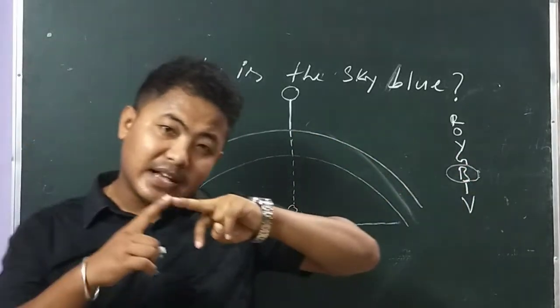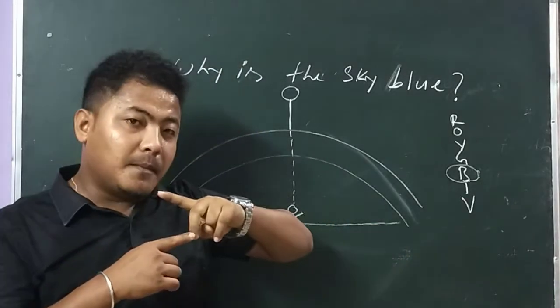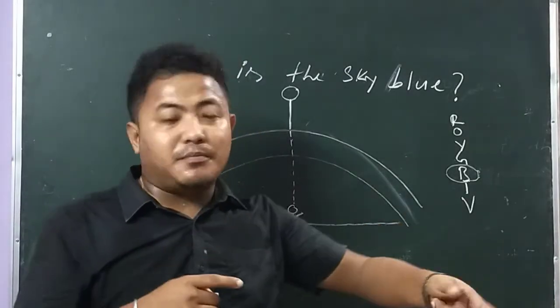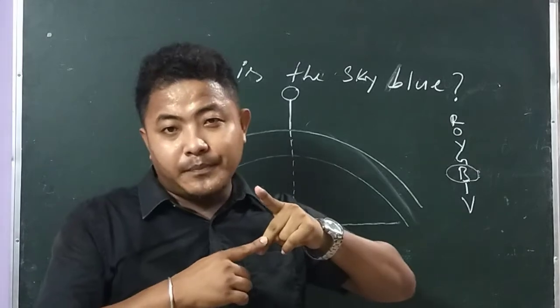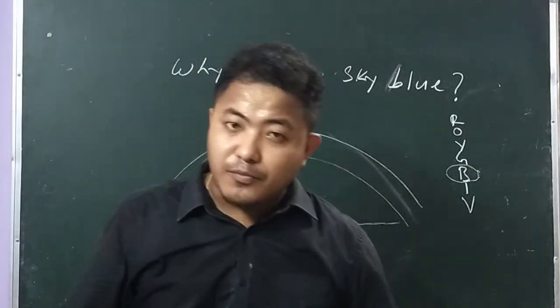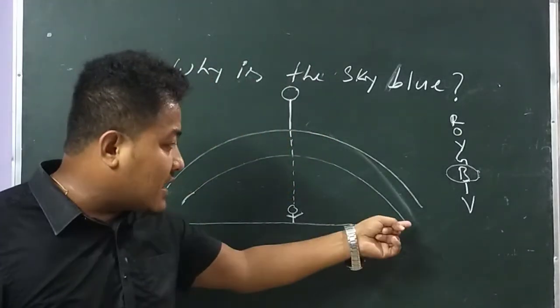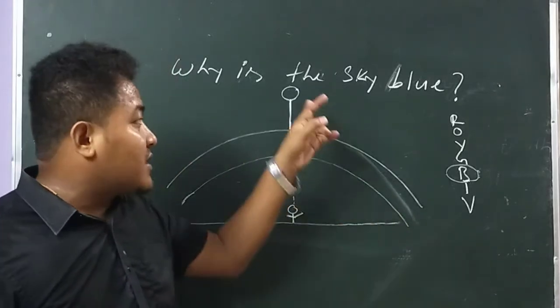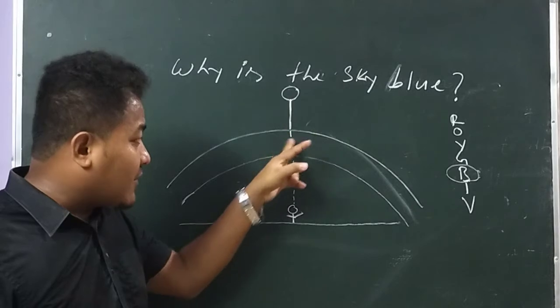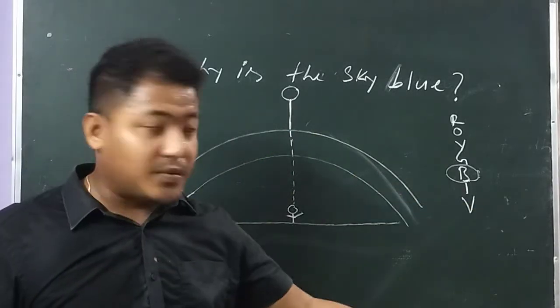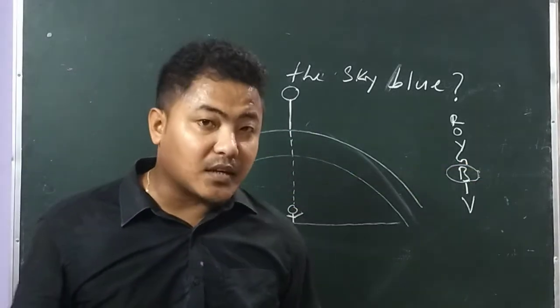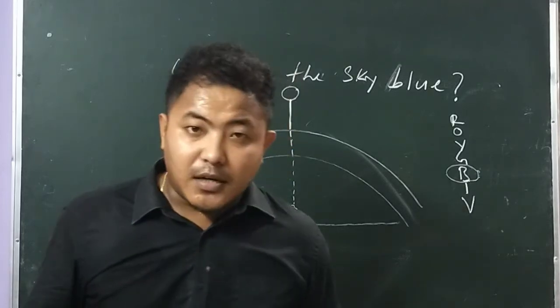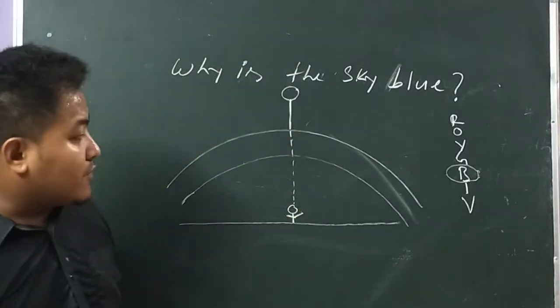Blue color has more scattering power, meaning it will scatter more, and it is very sensitive to the human eye. That is why we see the sky blue. Am I clear? Once the sunlight passes through the Earth atmosphere, blue color will scatter more. Is that clear to all of you? Okay, very good answer.